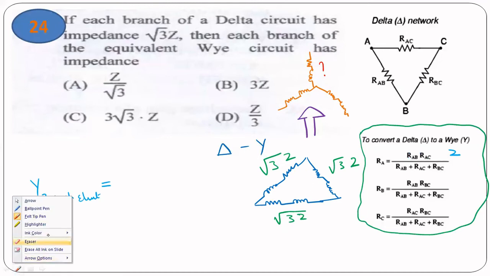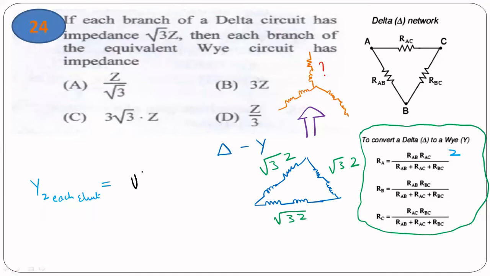If we consider two branches of the delta circuit, then it will be √3Z into √3Z, divided by the addition of all three values. All three values are nothing but √3Z plus √3Z plus √3Z.